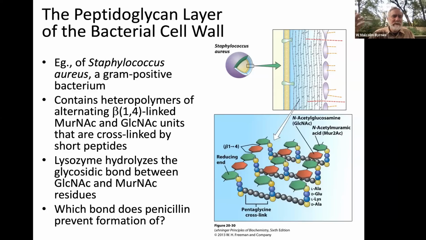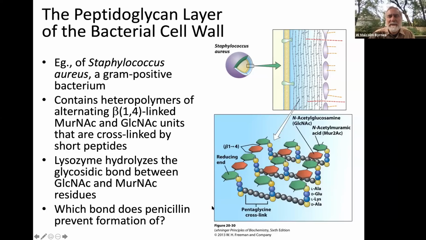Now, we talked about some things, right? Now, I want to mention lysozyme. Lysozyme is an enzyme that hydrolyzes these beta 1,4 linkages between the modified sugars of the polysaccharide chains. We also talked about penicillin earlier, the antibiotic.